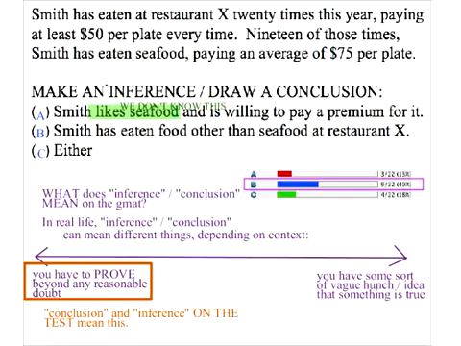And then the other problem with premium is the same thing, because premium means more than Smith pays for other things. Premium is not just a high price. Premium is more than others. So we don't know this either, because we don't know how much Smith pays for other food.